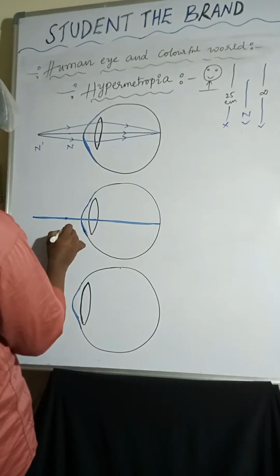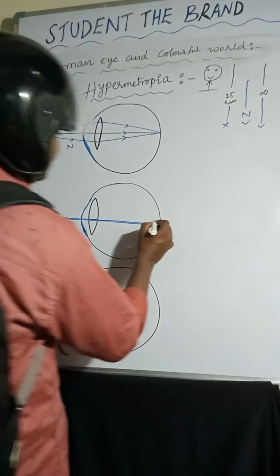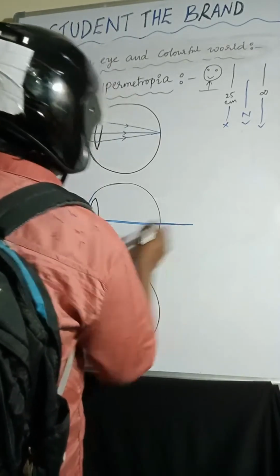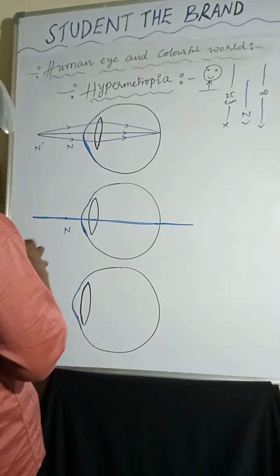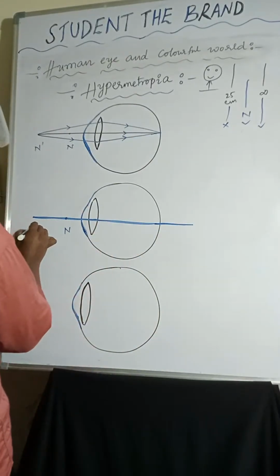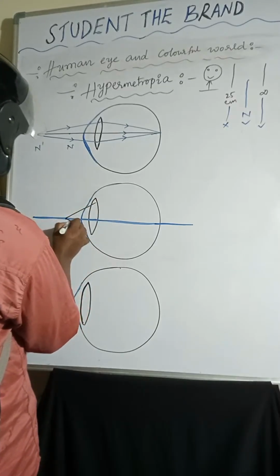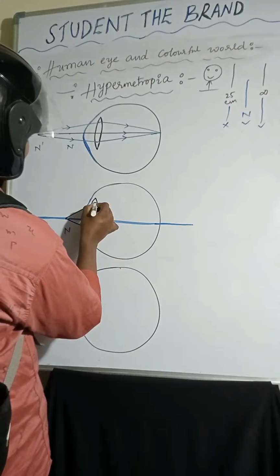So this is the N. If the light rays are coming from this point, so where the light rays will meet? So light rays will meet beyond retina.